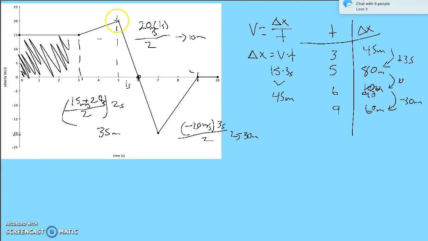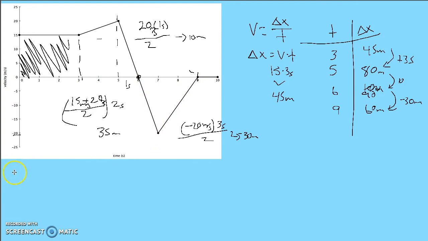Then, at this point, you're going to see the velocities decreasing, going from 20 to 15 to 10 to 5 to 0. It stopped right here. Then it's going to turn around and go the other way, speeding up in the opposite direction, then slowing to a stop.